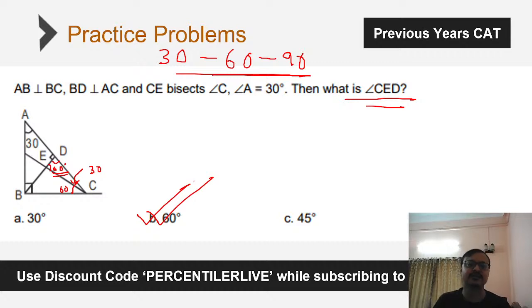Hence the answer is option B, 60 degrees. Is that clear, everybody? How we got the answer as 60?